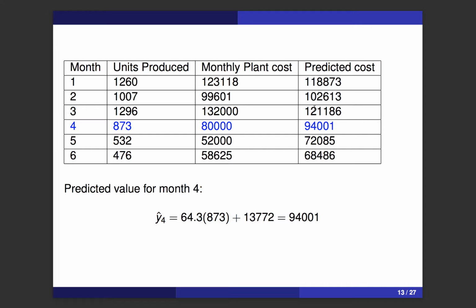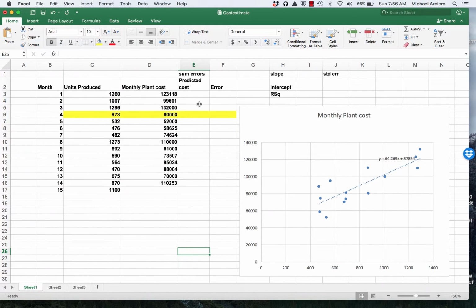We can find predicted values for all of the data in our list simply by using the linear model. To do that, we want to access the slope and the y-intercept, which we can do by using formulas for slope and intercept. So let's do that here. We want to find the slope. Once you hit that open parenthesis, Excel tells you what the arguments are.